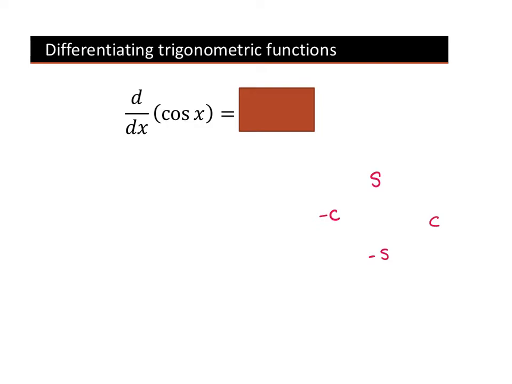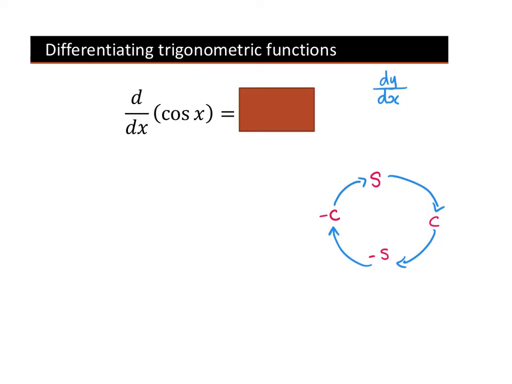So, let's get some colours on the go. Blue means we're differentiating. So, sine differentiates to cos. Cos differentiates to minus sine differentiates to minus cos differentiates to sine.